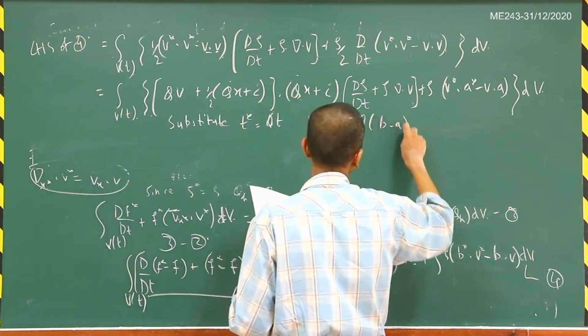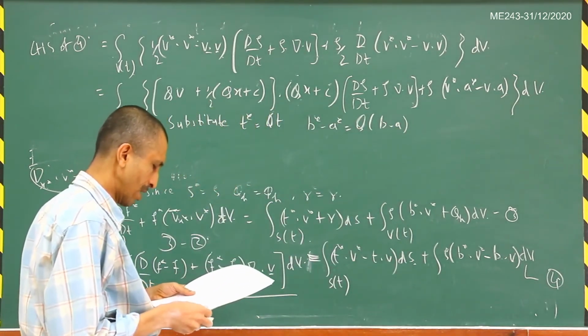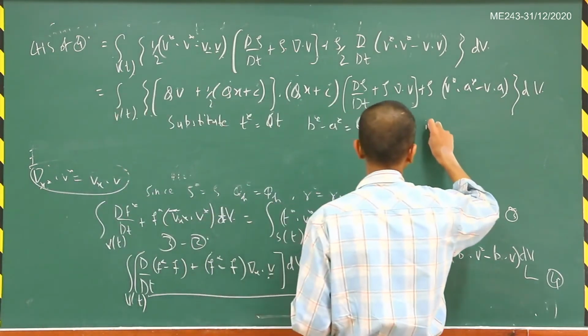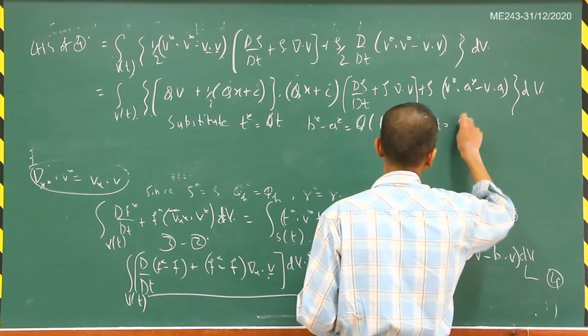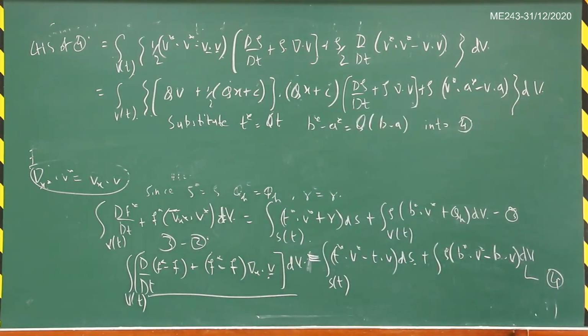If you recall, these are the assumptions that we have made while doing this particular theorem. And then if you substitute that into 4, you will get the following result.